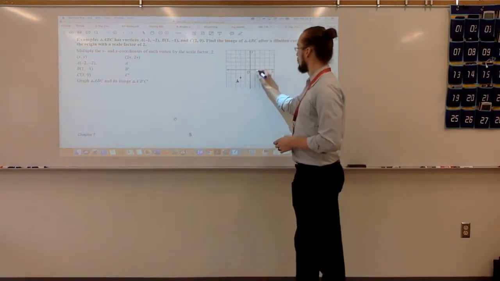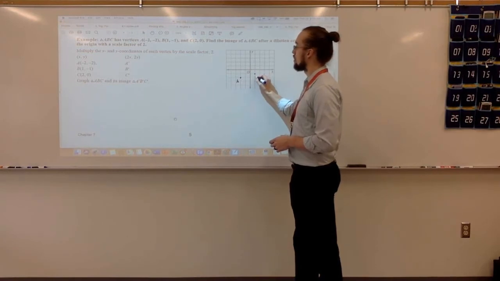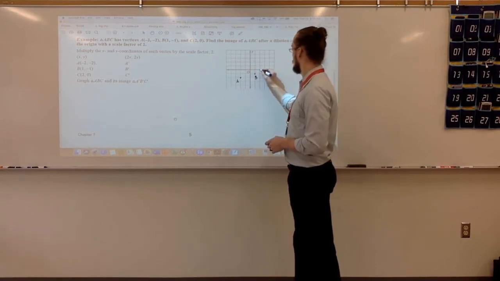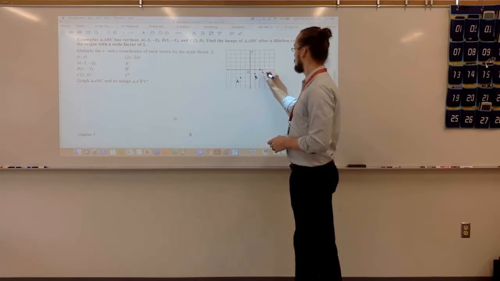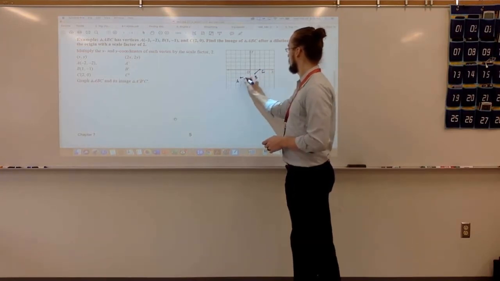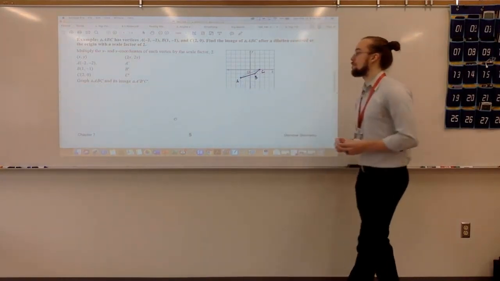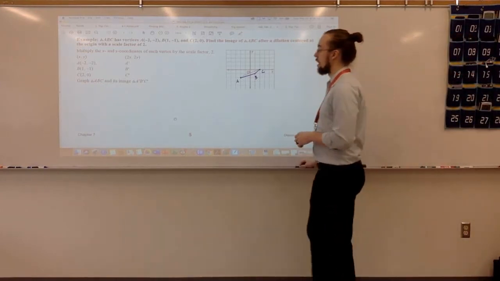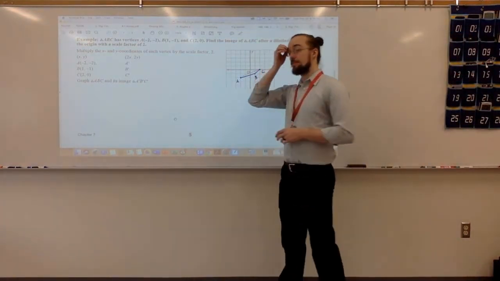B is at 1, -1. And C is at 2, 0. So here is my original triangle, ABC.